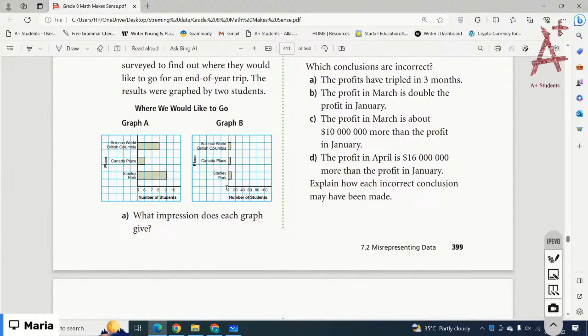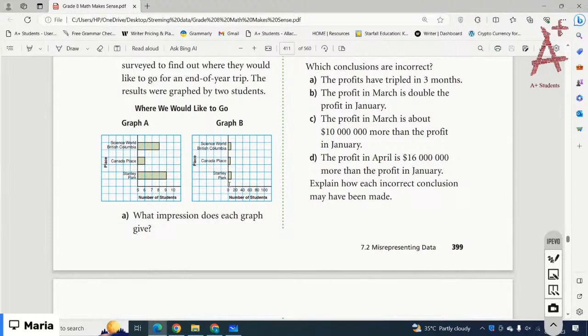Because it starts from 5, it looks like half of the students want to go to Stanley Park, right? And graph B is misleading because here the scale is for 20 students, which makes the impression that only a small number of students want to go to the three given places, right?